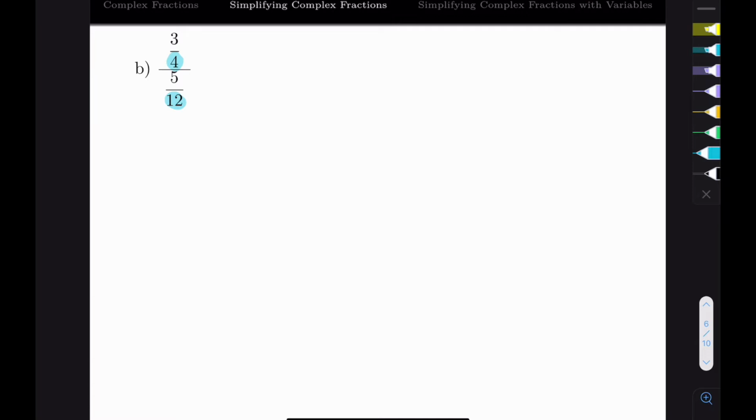The least common denominator between 4 and 12 is 12. 12 is divisible by 4, and it's divisible by 12. So I'm going to multiply this expression by 12 in the numerator and 12 in the denominator. This way it will wipe these fractions. So we really have 3/4 times 12 in the top, and then 5/12 times 12 in the bottom.